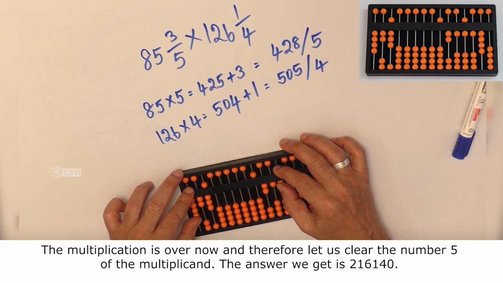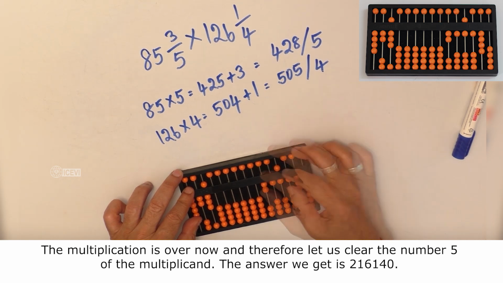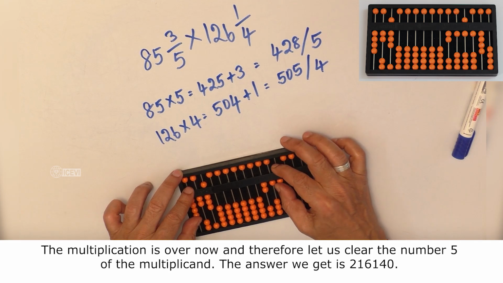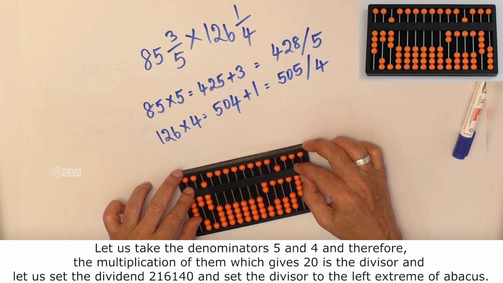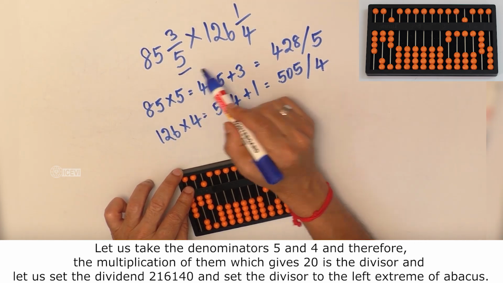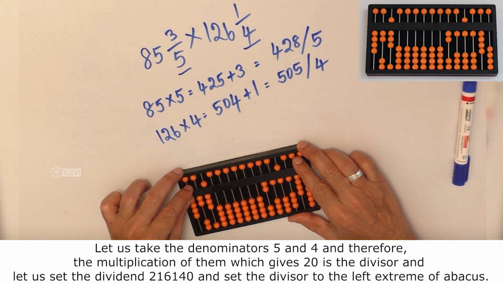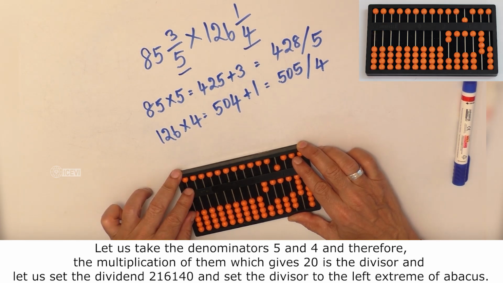The multiplication is over now, and therefore let us clear the 5 of the multiplicand. The answer we get is 216,140.